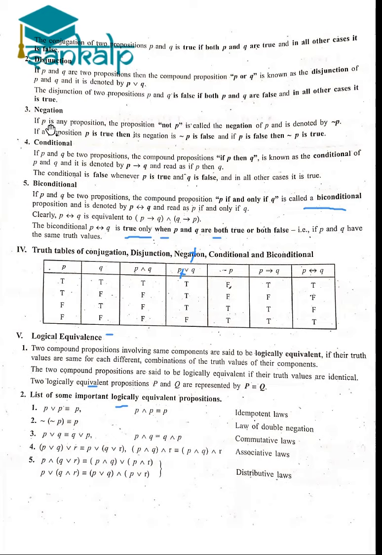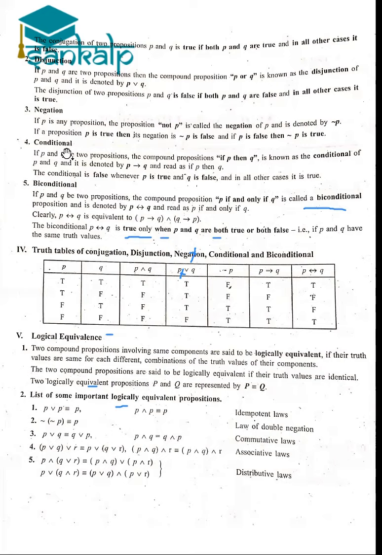Next, negation. If p is any proposition, then the proposition not p is called the negation of p. If a proposition p is true, then its negation not p is false, and if p is false, then negation of p is true.